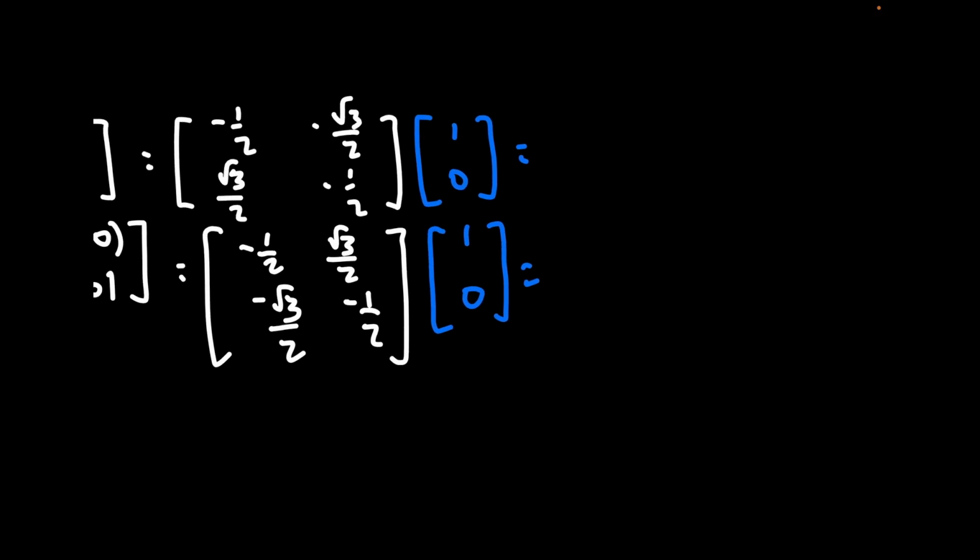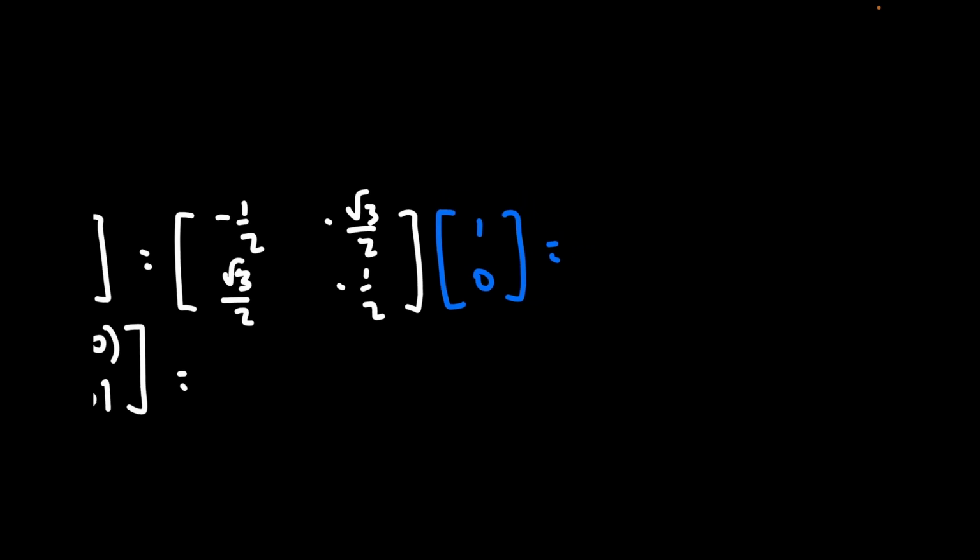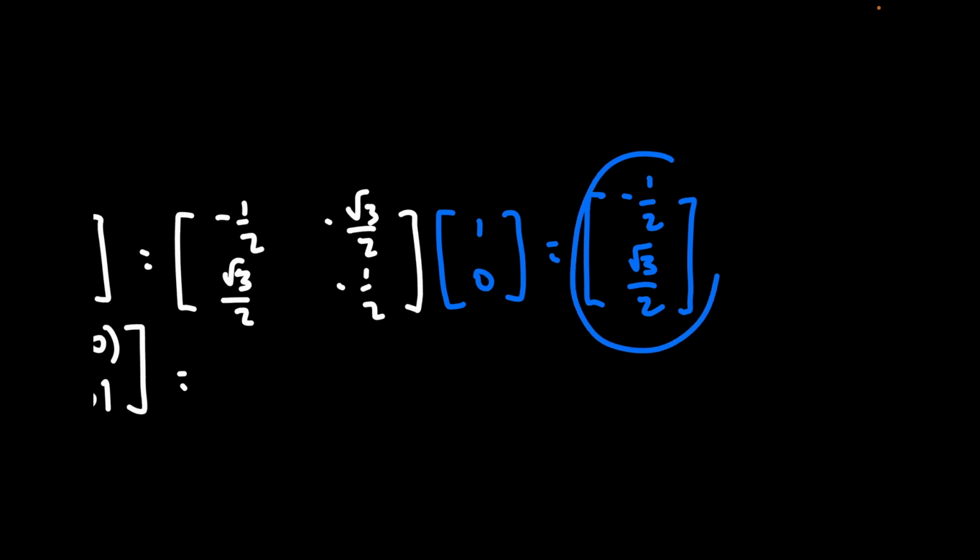If we multiply the top matrix by (1, 0), this times (1, 0) gives us minus a half, and then the second row times (1, 0) gives us root 3 on 2. So these are the coordinates of B.